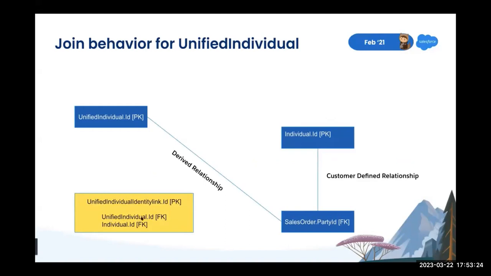Typically, you would go to individual and then join it with the unified individual via the unified individual identity link. But we save you that hassle and drive that relationship, so you don't need to worry about traversing to the unified individual identity link. That's just one thing to call out.